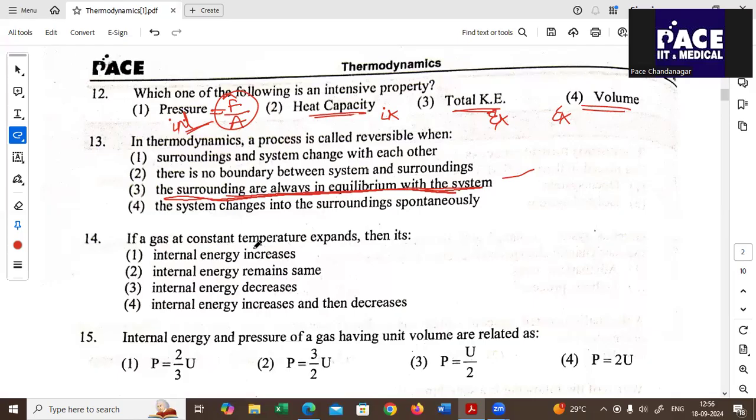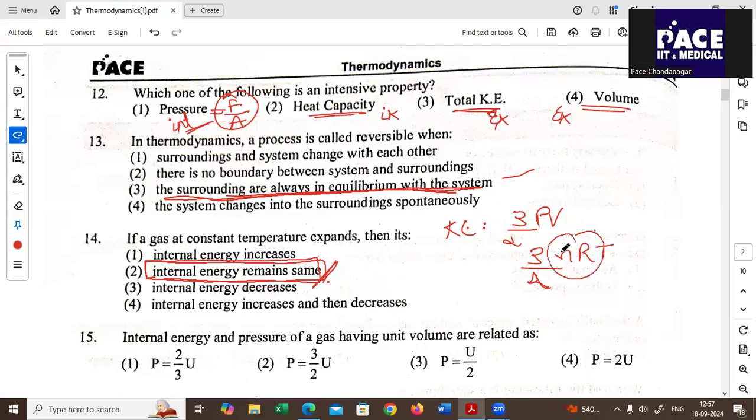Next, 14th. If a gas at a constant temperature expands, then its internal energy will not change. Whether gas expands or contracts, internal energy remains the same. Remember that there is no change in the internal energy even if gas expands or contracts, because kinetic energy is equal to 3 by 2 PV, or 3 by 2 nRT.